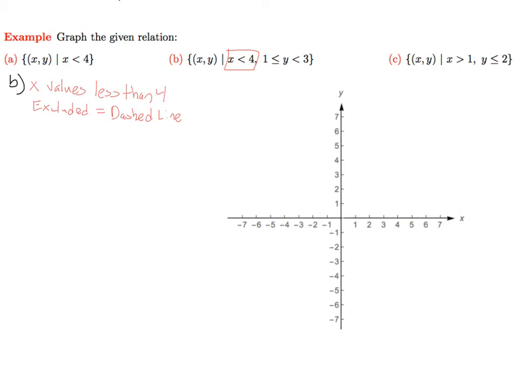For y, we have 2. And so on the one hand, we know that y values must be greater than or equal to 1. Okay, and so these are going to be included.